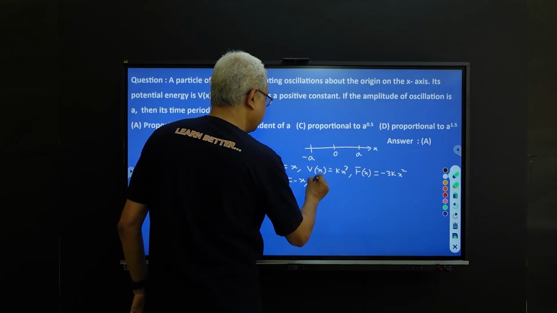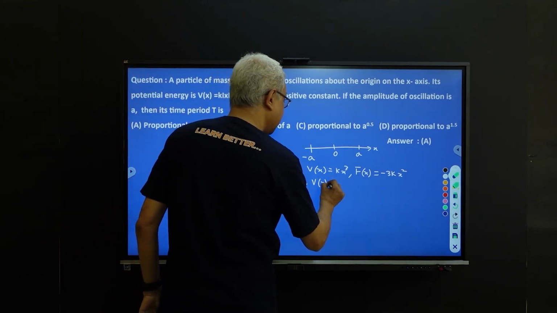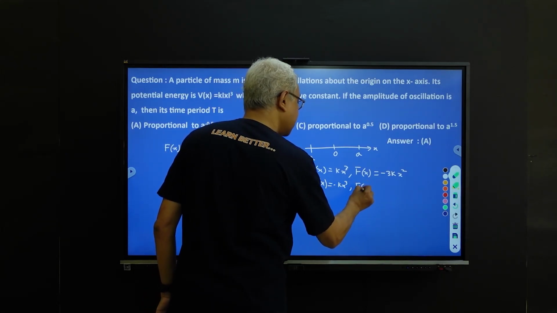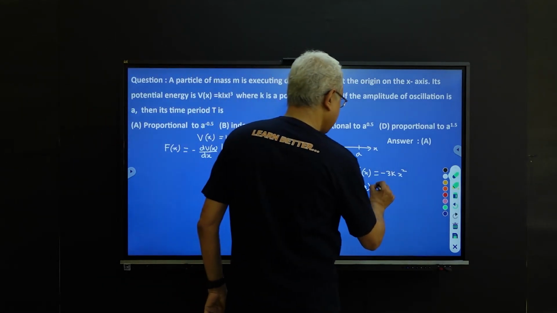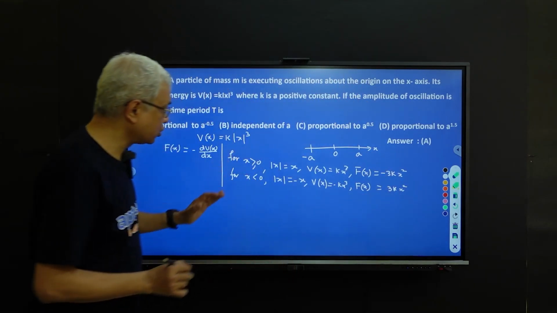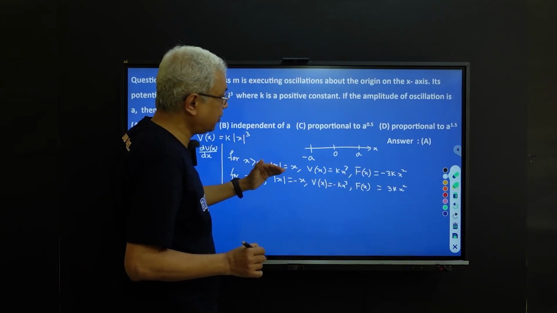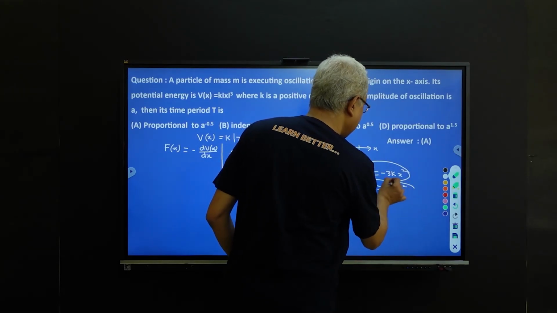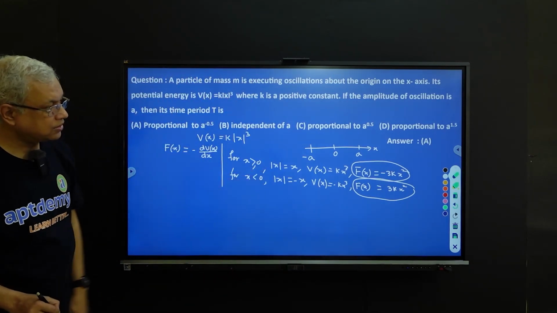And therefore, Vx is actually minus k x cube. So Fx is how much? Plus 3k x square. So the force acting on the particle when x is greater than or equal to 0 can be written as this, and when x is less than 0, the force can be expressed like this.